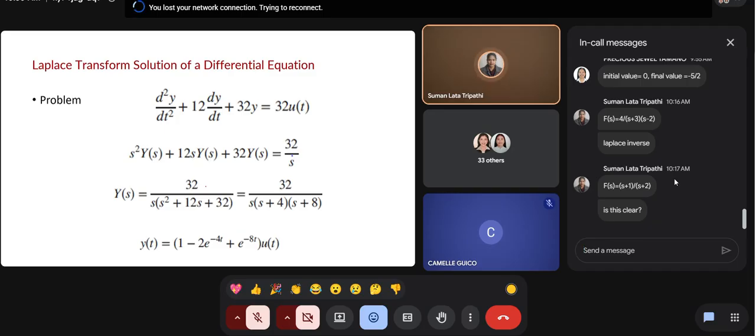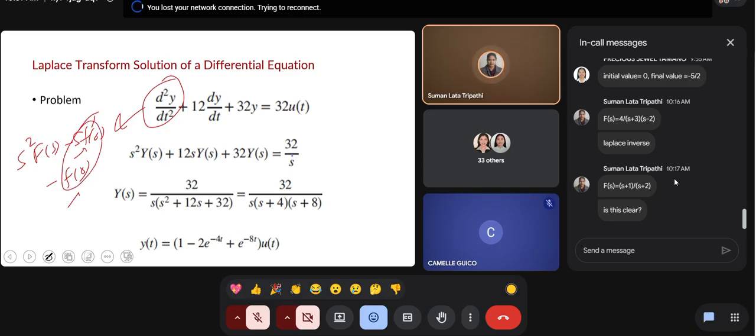When you take the Laplace transform of a second derivative, the formula is s square F(s) minus s f(0) minus f dash(0). But if we do not consider initial conditions, these two terms become 0 and your answer will be s square F(s), and the same has been used here.